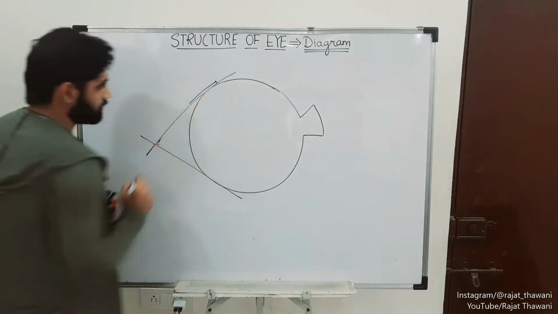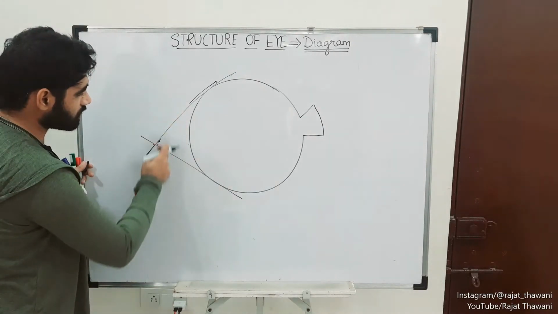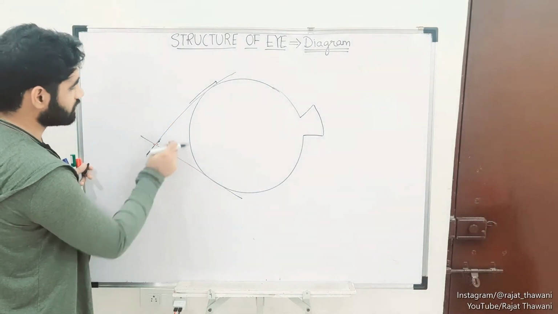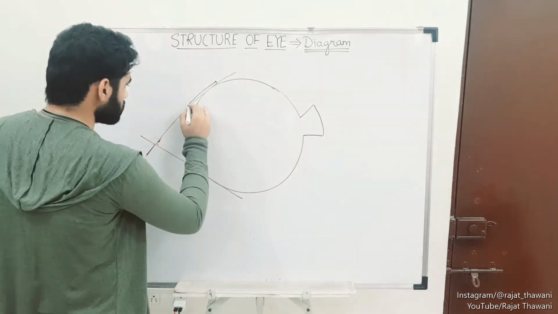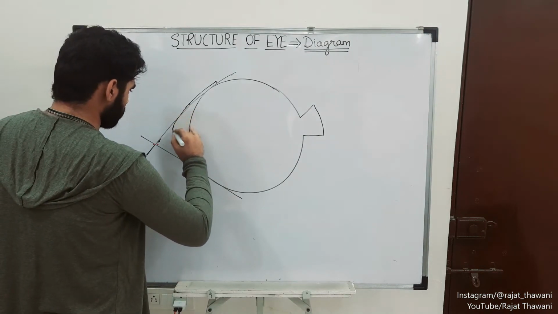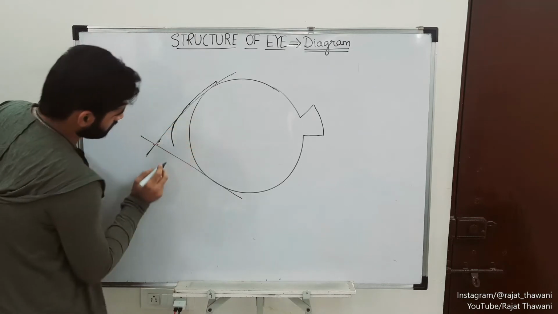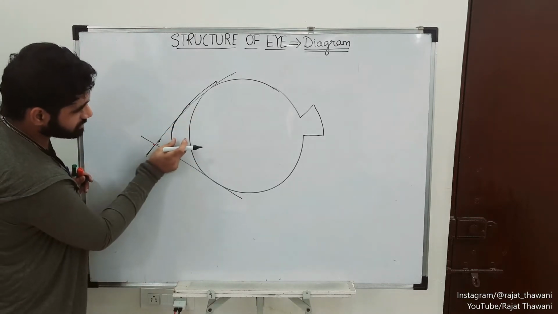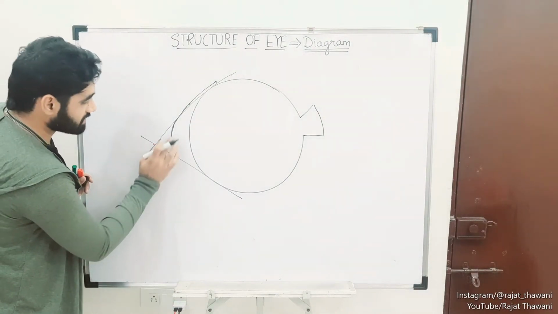As it approaches slowly to this point, we have to make a curvature such that a curve is formed for our cornea. After some point I start making a curve. See, I have started making a curve. The curve should have the maximum depth at the point where both the lines are intersecting.